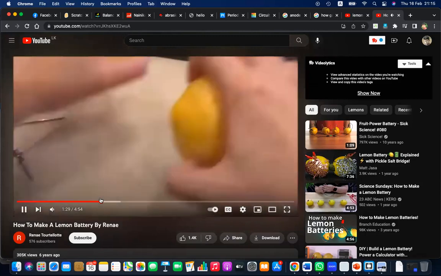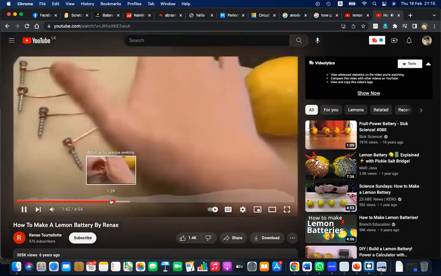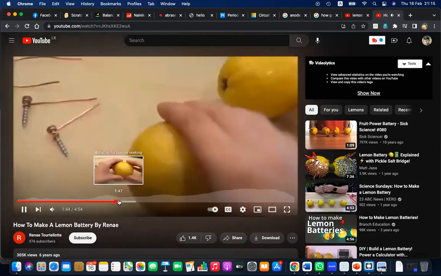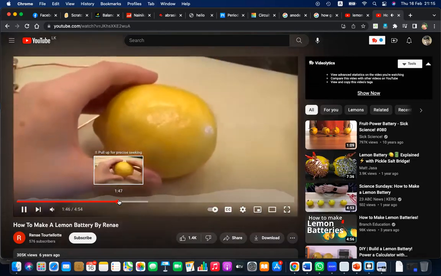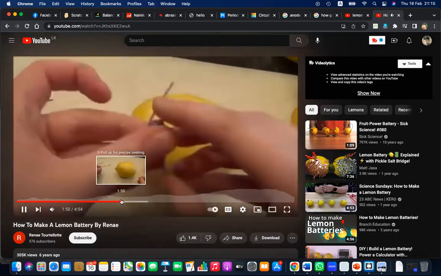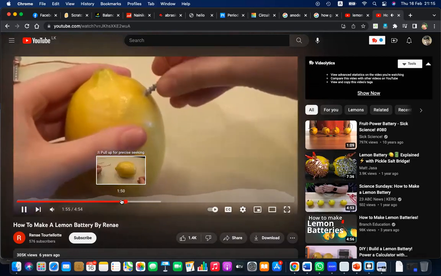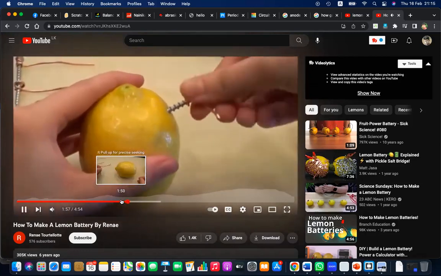The lemons on the cutting board transfer electrons from the anode to the cathode. This can be done with almost any type of acid, but citric acid is what we'll be using in this case. We will need to connect each of the lemons. To do this, we will screw one of the screws into one side of each of the lemons.